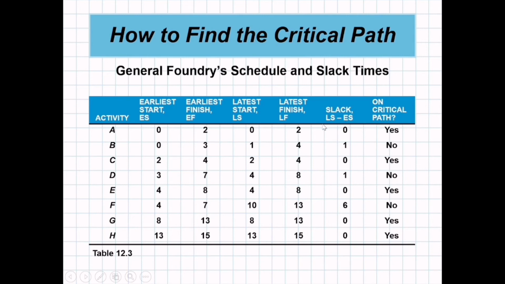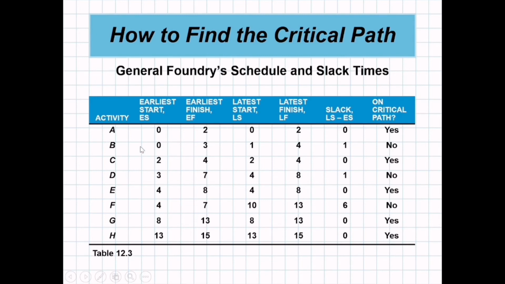So LS is 0 minus ES, 0 minus 0, so we have 0. Is this a critical path? Yes. Why is this a critical path? Because we have no slack. Every time we have no slack, no excess or surplus time, we consider that as critical path.